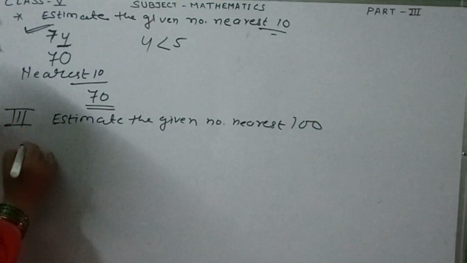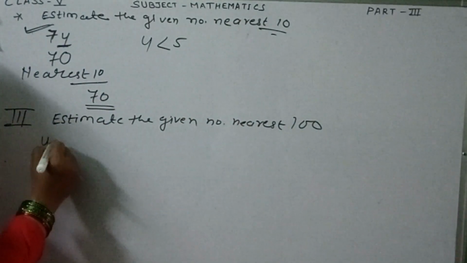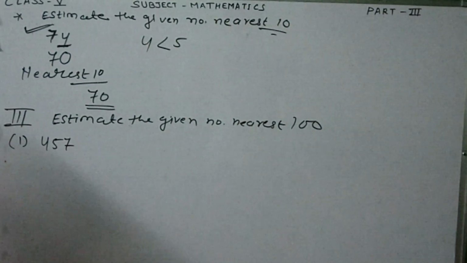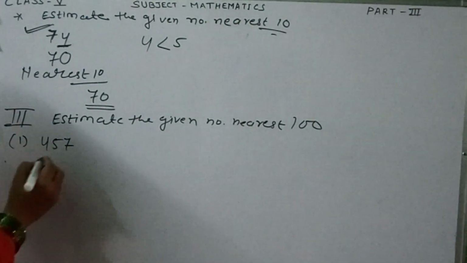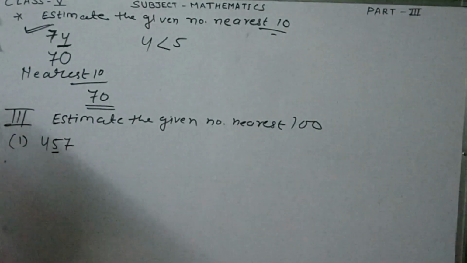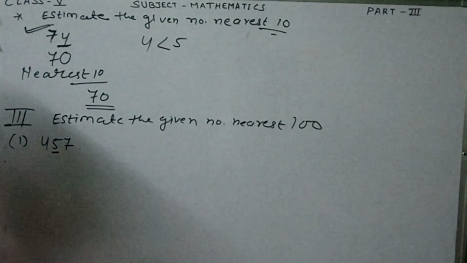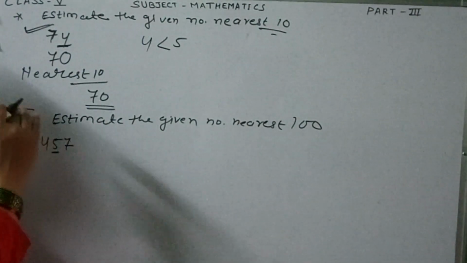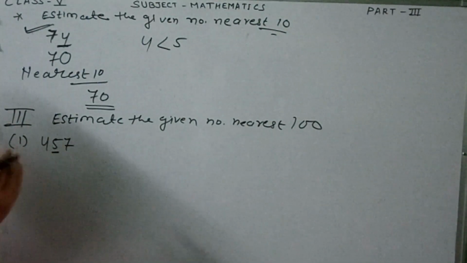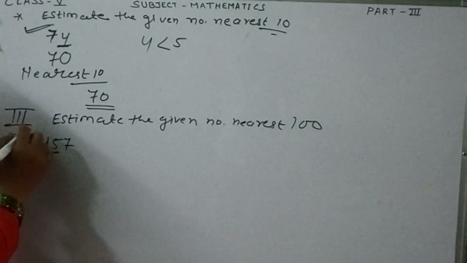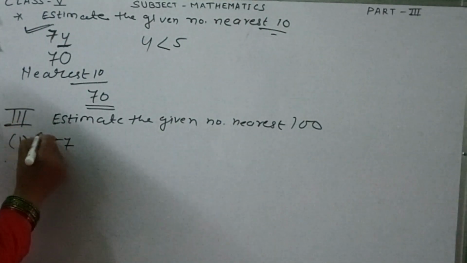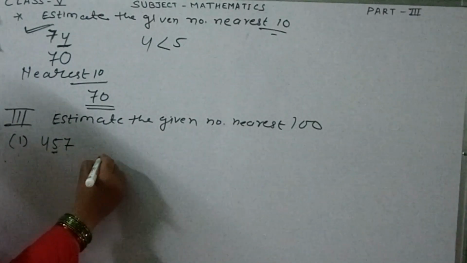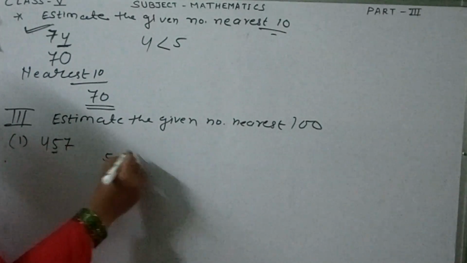Take a number, suppose the number is 457. Then you have to see the value of the tens digit and compare it with 5. If it is greater than or equal to 5, then you have to give one more to the next number. Here the tens digit is 5, and 5 is equal to 5.